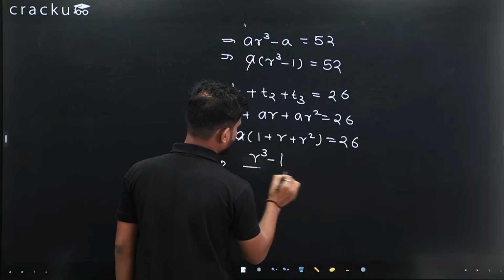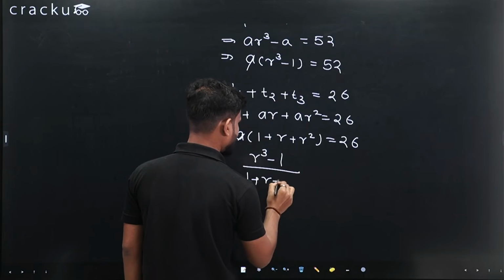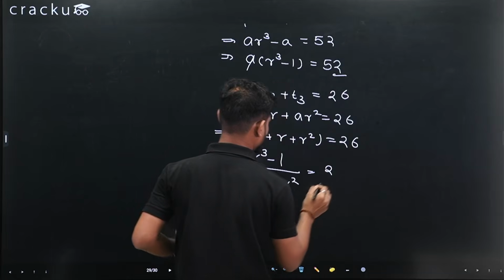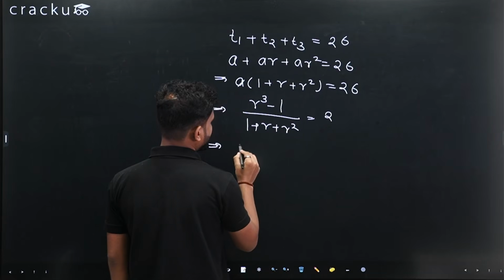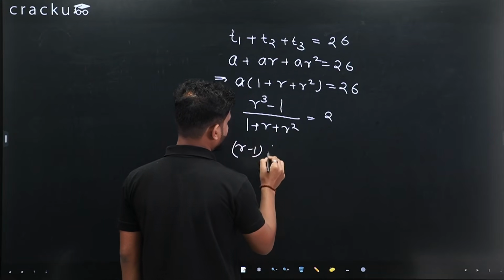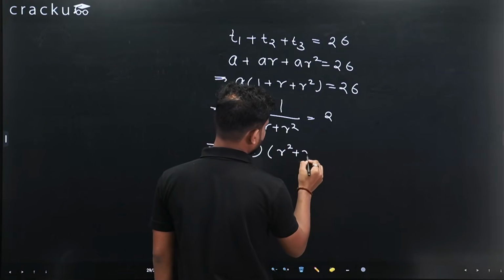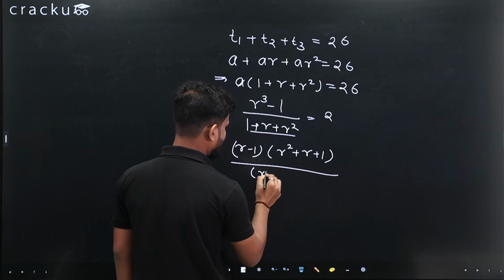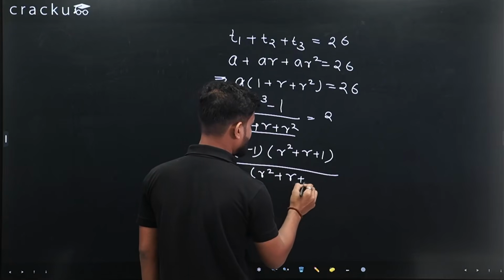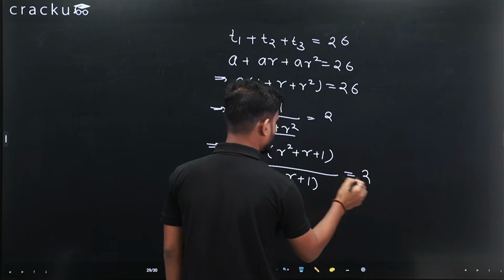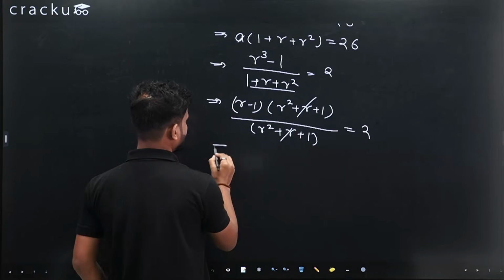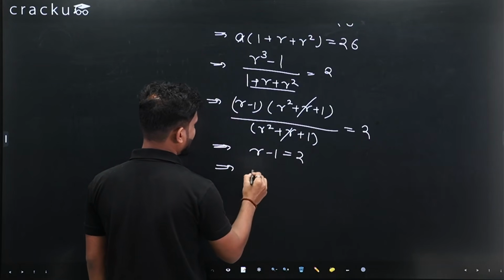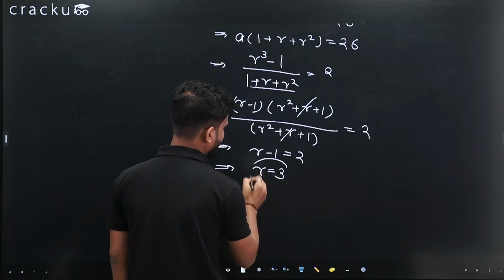R cube minus 1 upon 1 plus r plus r square is equal to 52 by 26, which is 2. You can write r cube minus 1 as r minus 1 into r square plus r plus 1, divided by r square plus r plus 1, equal to 2. This will get cancelled. R minus 1 is equal to 2, or r is equal to 3.